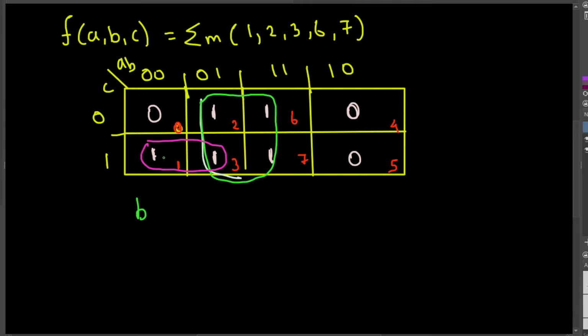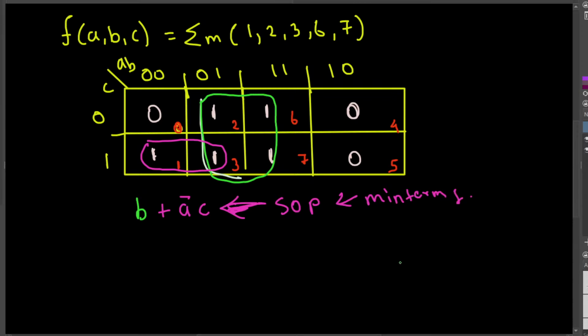Now we have to look at what is not changing. Here A is not changing, but A is 0, so we have to do a complement, A complement. B is changing, so B is going to be eliminated. C is not changing, C is 1, so C is going to be as it is. And this is the sum of product expression. We can also call this one min terms.